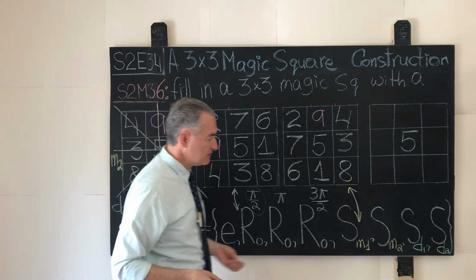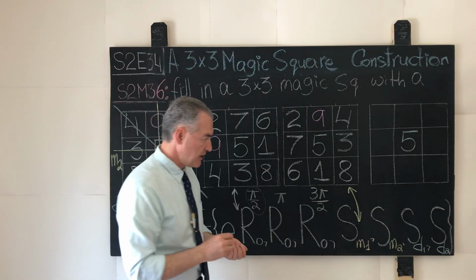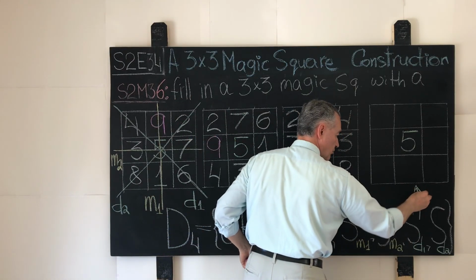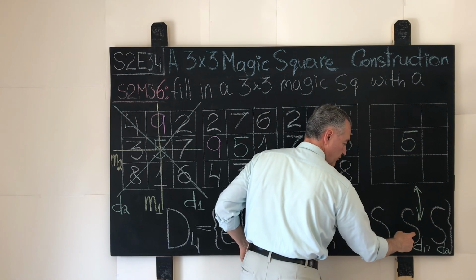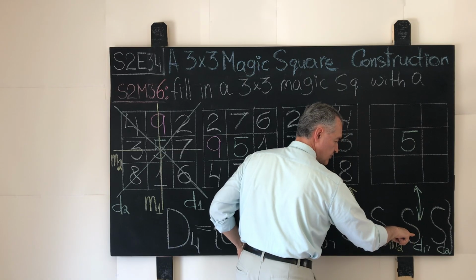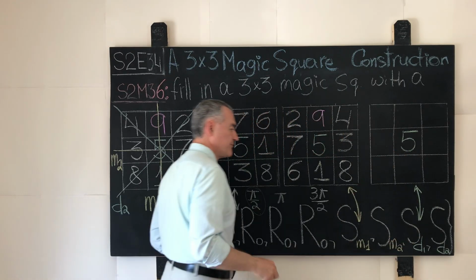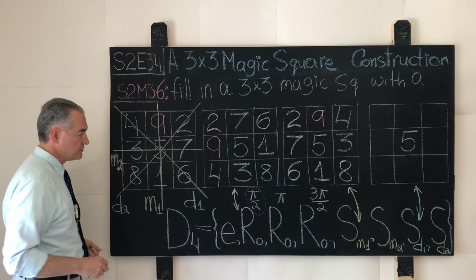Lastly, just for variety, let's reflect our square in the diagonal axis of symmetry D1. The square that we will generate will correspond to this element of the group of rigid symmetries of a square, D1, SD1, and SD1 will correspond to this square. Let us carefully do this reflection together.